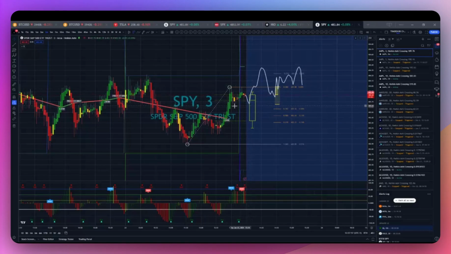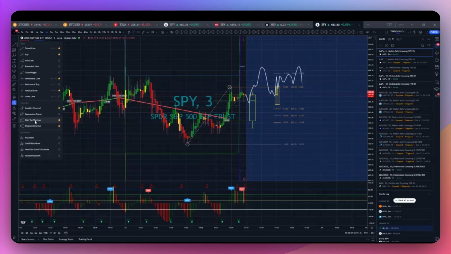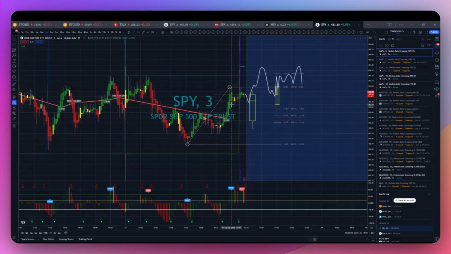This drop here, you're gonna be testing these wicks right here on your range. So this is your range chop from price point here to here. This will be your chop low high, but this will be your actual chop window right here.